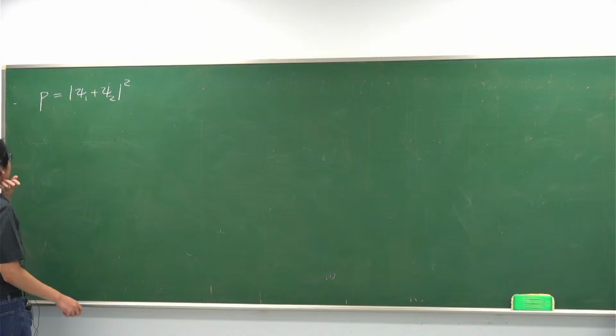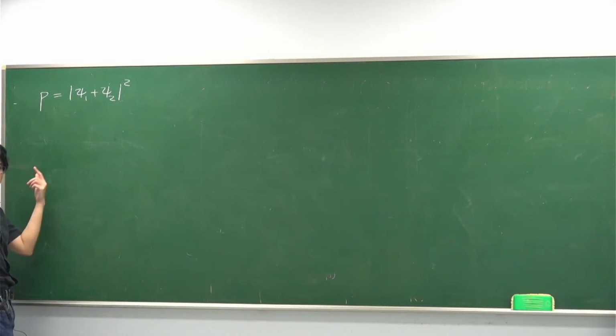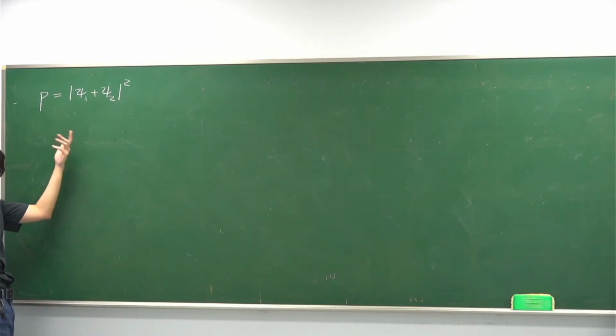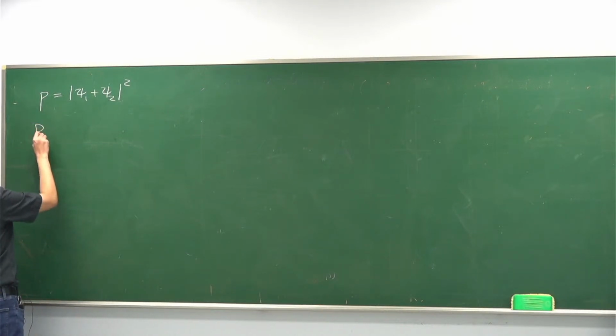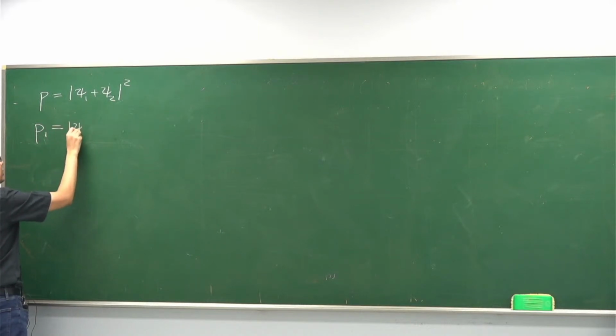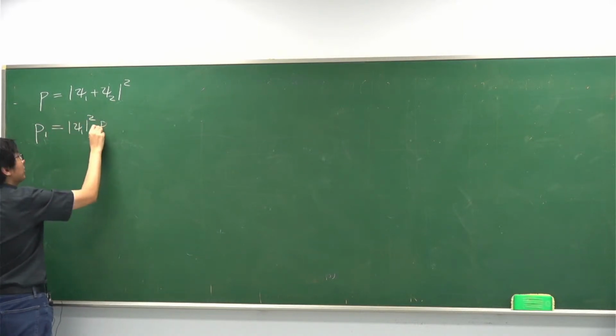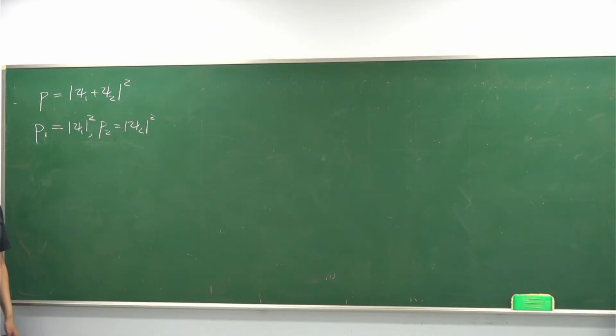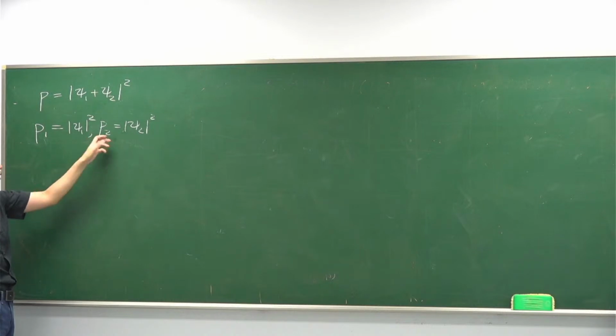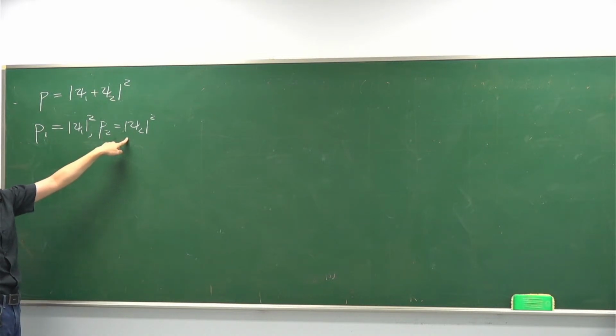probability. But if you somehow know that the electron comes out of either slit 1 or slit 2, then the probability that it comes out from slit 1 would just be this, and the probability it comes out from slit 2 would just be this, right? And then the total probability would just be the sum of the absolute squares, where all the information about the relative phase is already lost.